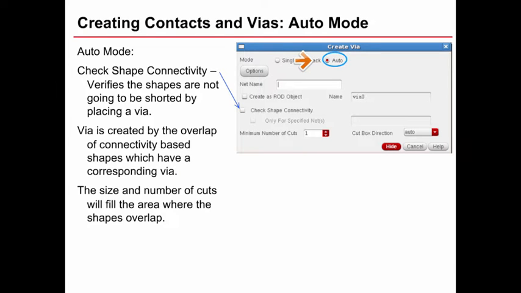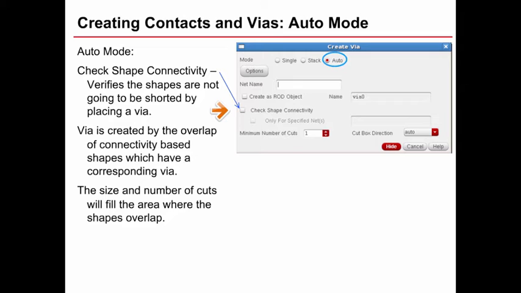In auto mode, if you had the same metal 1 and metal 2 as we had earlier, it would know that I've got a metal 1, I've got a metal 2, via. I could put one there. But look at this check shape connectivity.